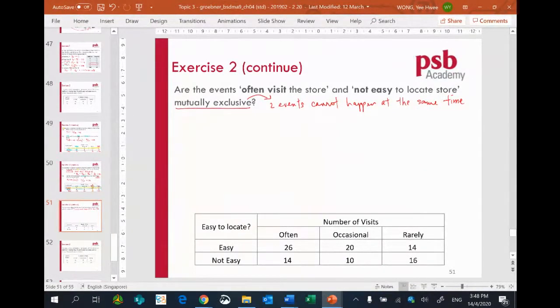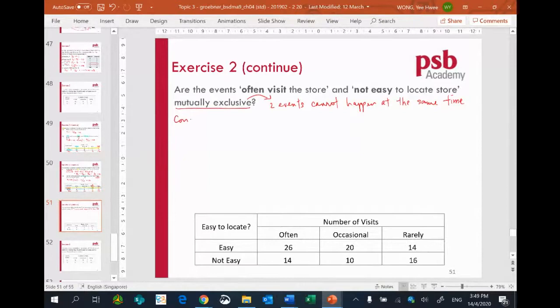So how do you prove it? We know very well someone who often visits the store can also find it not easy to locate a store. Or someone who doesn't find it easy locating a store can be the one who often visits the store also. So these two can come together, happening at the same time. So conceptually we know they are not mutually exclusive. But how do we prove that using probability?